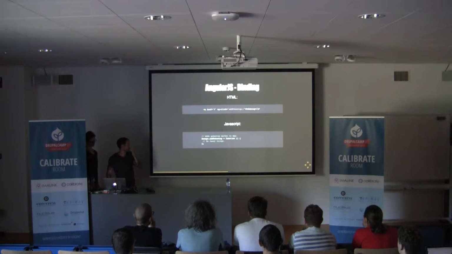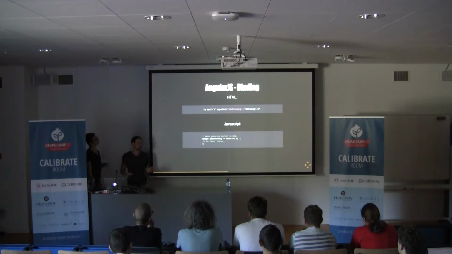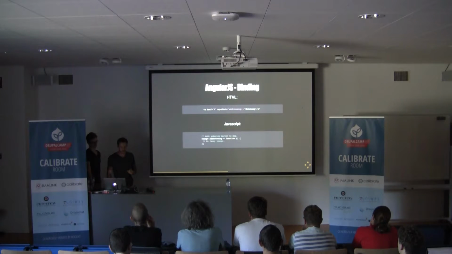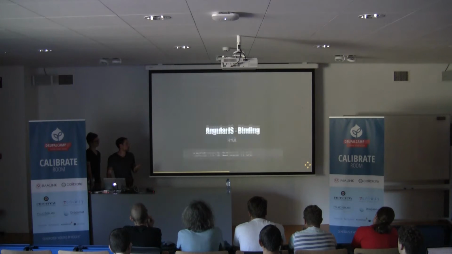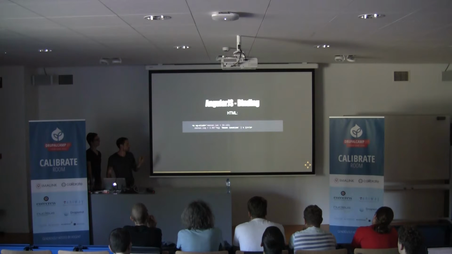Another example is ng-click. That's comparable to JavaScript onclick events or jQuery .click events. So we're telling Angular, when this link is clicked, just execute the function at Pokestop. And that function is defined in JavaScript code and does some fancy stuff. You can also, instead of executing a function, directly in your HTML change your JavaScript variables.